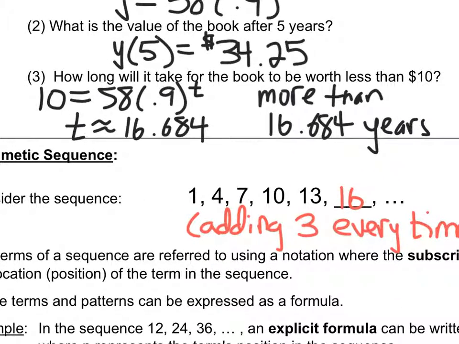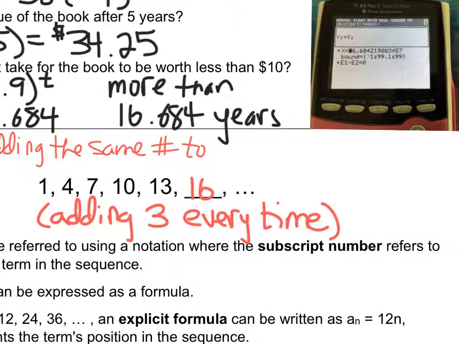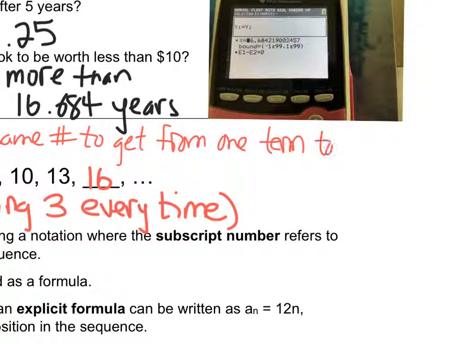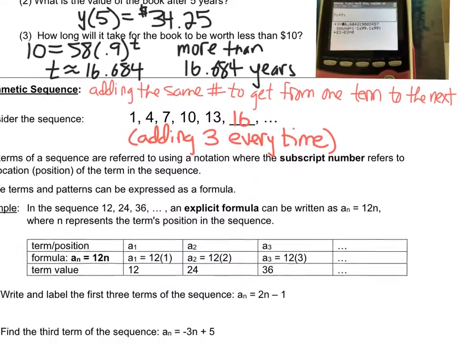So to define an arithmetic sequence, we say that you're adding the same number to get from one term to the next.